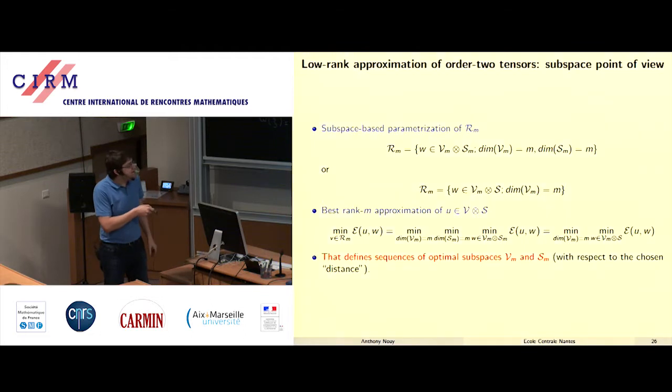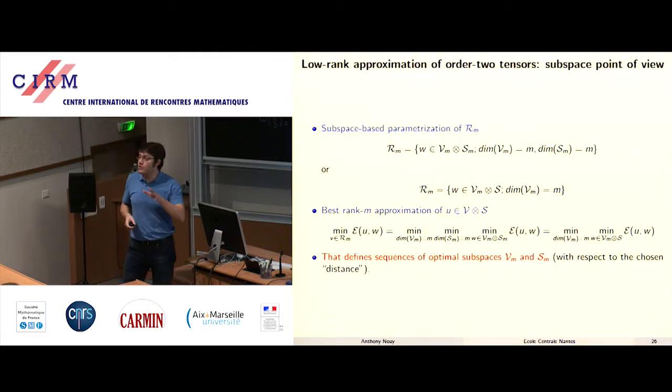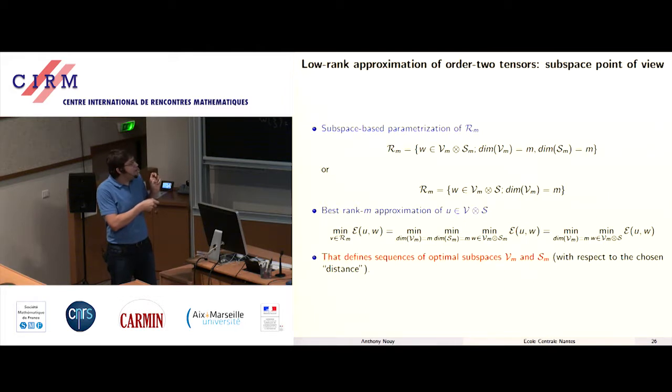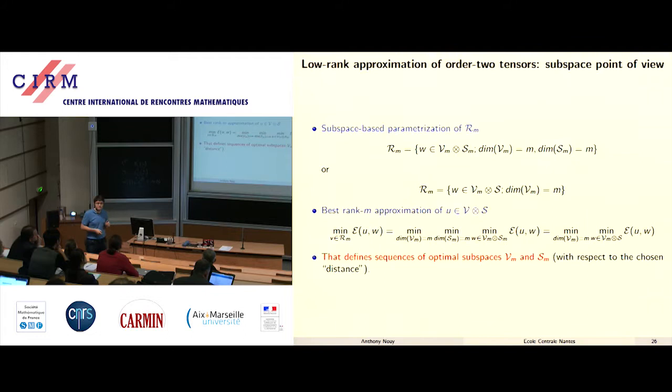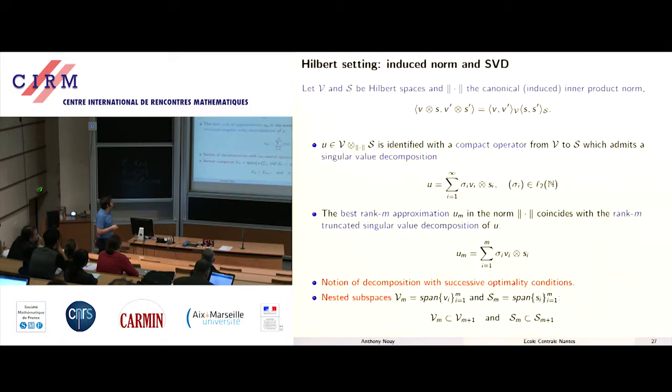You can see it as an optimization problem on Grassmann manifolds, in fact. When you try to find the optimal approximation of U in Rm, it's a problem of finding optimal spaces. Here is a connection with optimal subspace-based model reduction. If you are able to find UM, you have found the optimal reduced spaces to approximate your function.